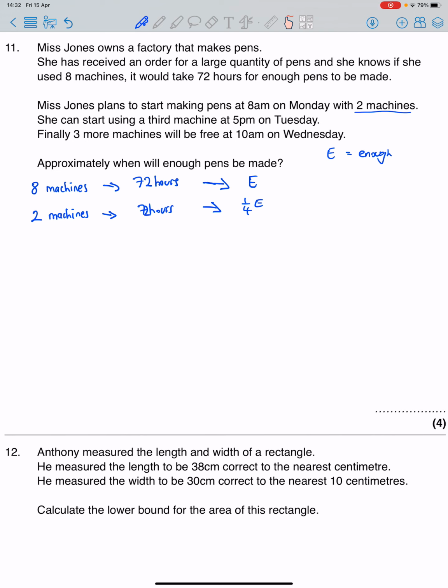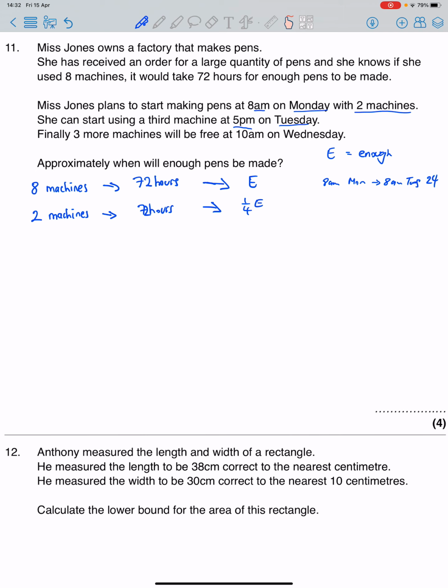Okay, and we also know that Miss Jones started at 8 a.m. on Monday and this goes on until 5 p.m. on Tuesday, before things change. So how much time is it from 8 a.m. on a Monday to 5 p.m. on a Tuesday? Well, 8 a.m. on a Monday to 8 a.m. on a Tuesday is 24 hours.